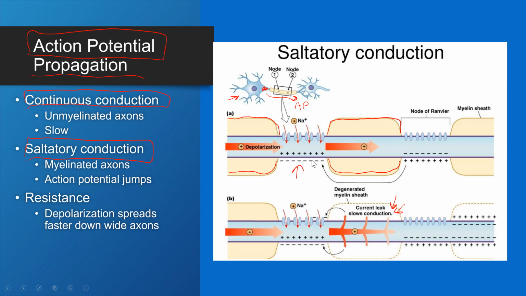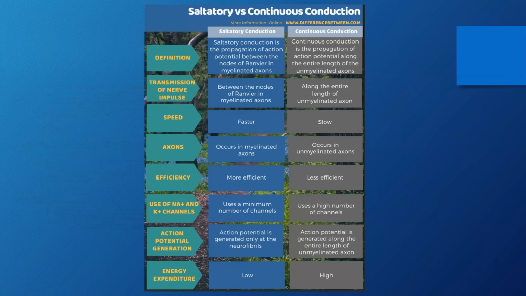Or it became continuous instead of saltatory when we have damage of myelin sheath. Right. And of course, it says over here, when we have saltatory conduction, then axon just moves faster. I'm not going into detail what depolarization is, because obviously we didn't discuss it yet, right, in the second video.